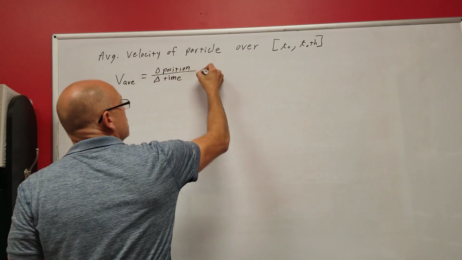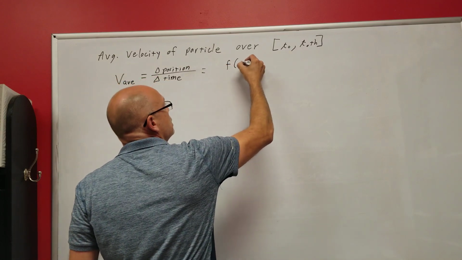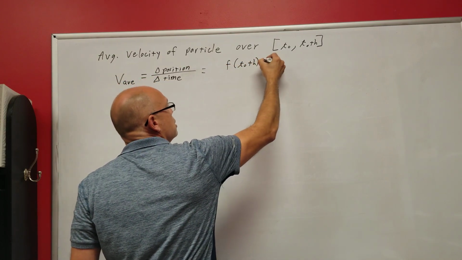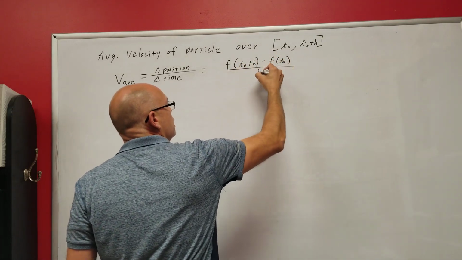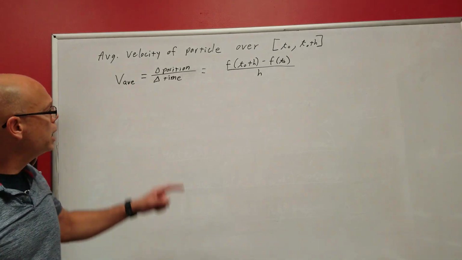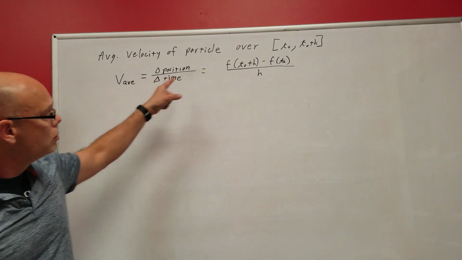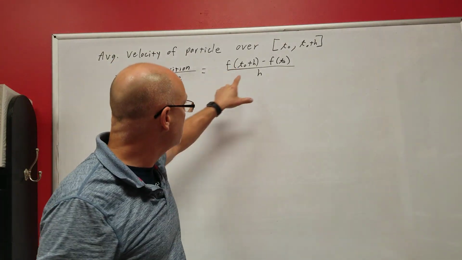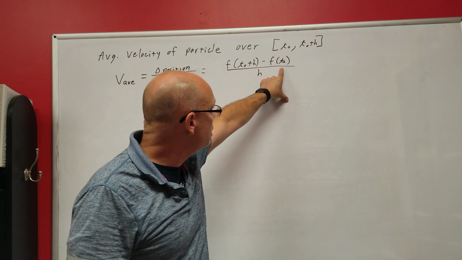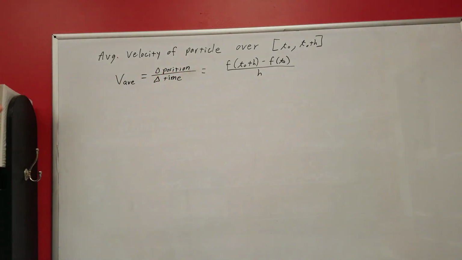And it says that is equal to f at t naught plus h minus f at t naught all over h. So basically they're saying the average velocity over the time interval is the difference quotient. So the same thing we have for the slope of the secant line, but we're using t's instead of x's, but that really doesn't matter. It's whatever you choose your variable to be.